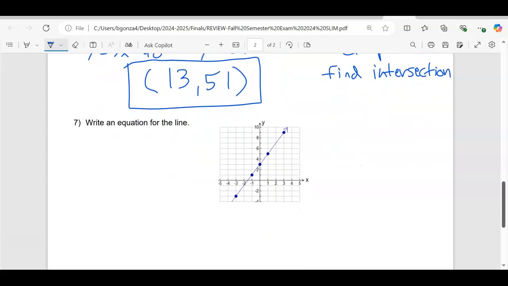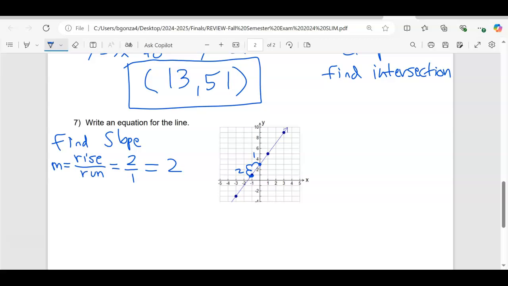All right, number 7, write an equation for the line. Okay, there's two ways to do it. One way is by looking at, find slope, rise over run. So taking two grid points, rise 2, run 1. Since it goes up to the right, that's positive.